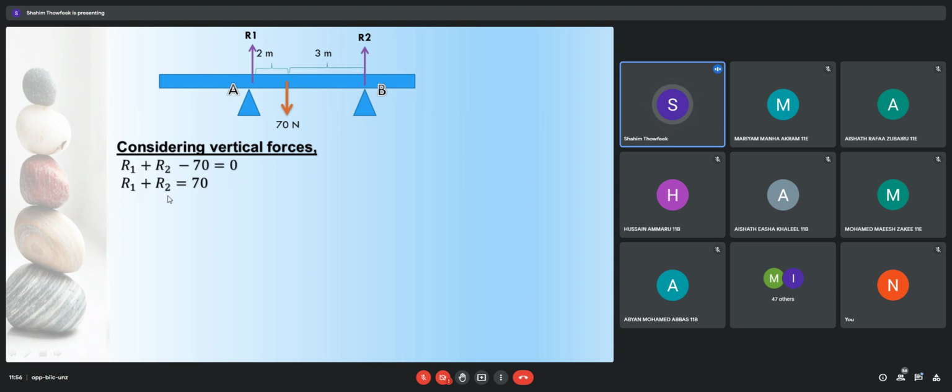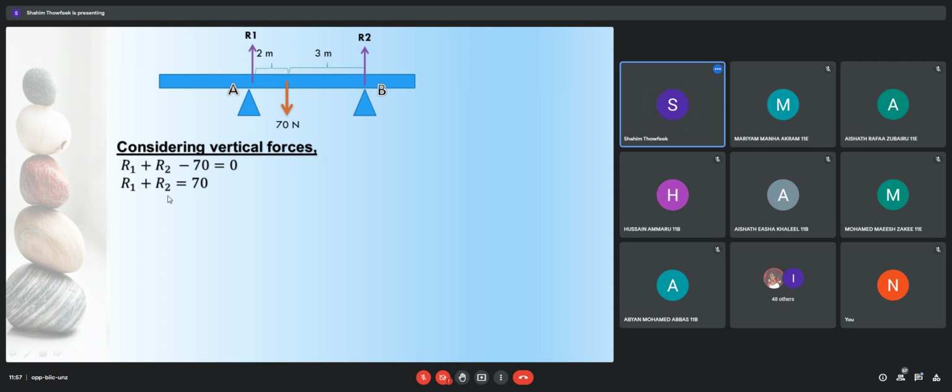Now you have the option to use moments, right? Because the object is in equilibrium, you can choose either point A or point B and take moments. If I am choosing point A, is there any moment from R1? No, because it is at the pivot point. There is no perpendicular distance. So if I am taking moments about point A, there are no moments from R1.